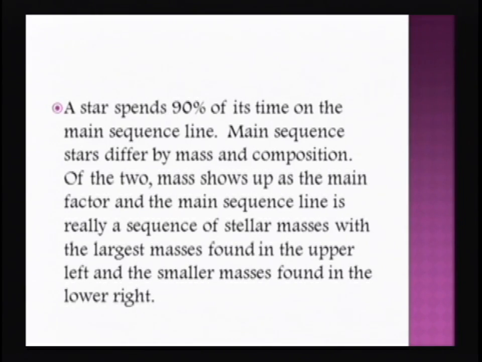If something happens and that equilibrium is disturbed, the core collapses, and that star is going to get smaller. If energy is produced in the core, it's going to tend to cause that star to expand as it travels outward, and when it expands outward, the star itself is going to cool off.